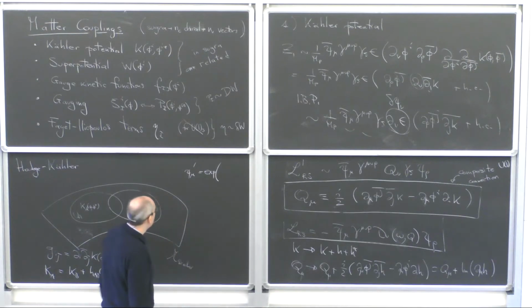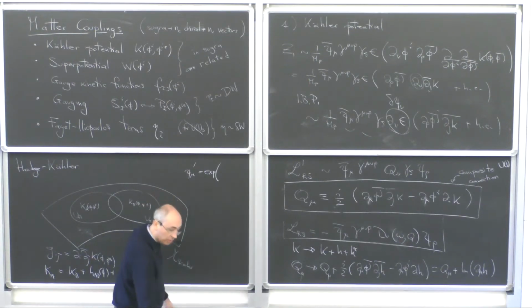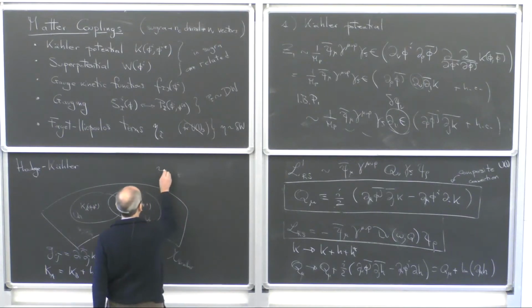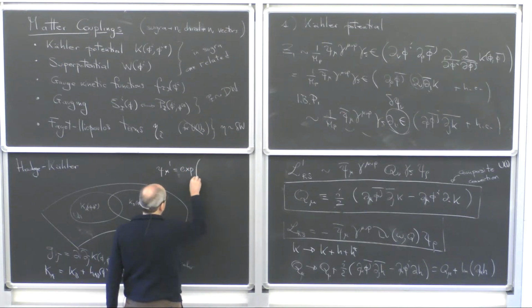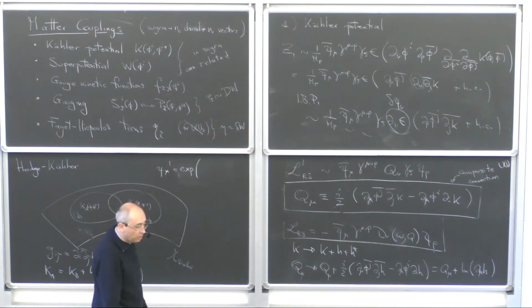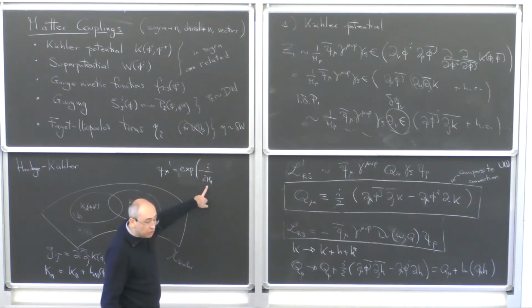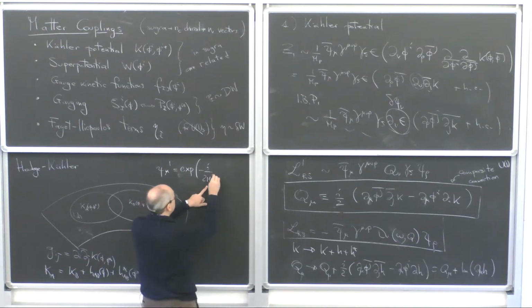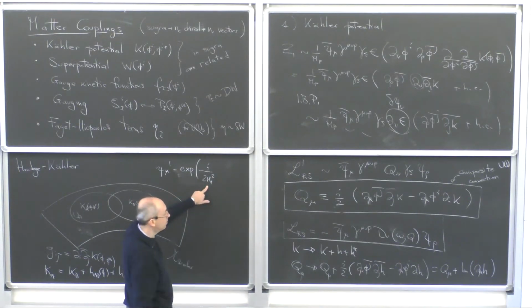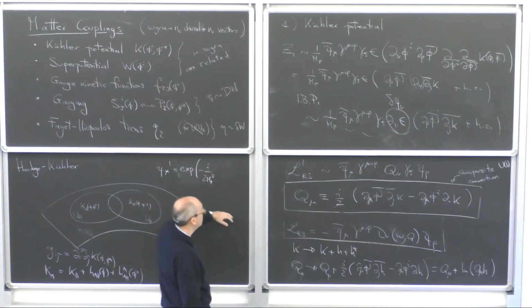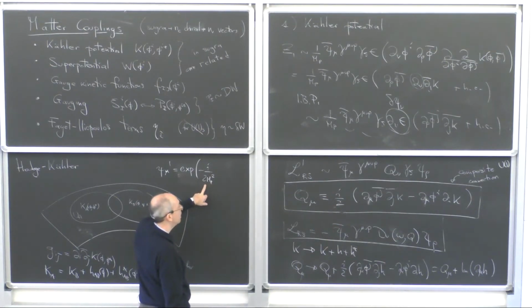What is this transformation? Well, if you look at the expression there, the gravitino should transform with the exponential of something which is going to be, again, Planck mass suppressed. I didn't specify it here, but the Planck mass is everywhere.